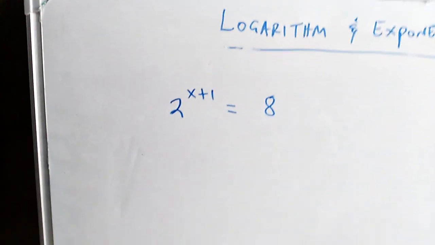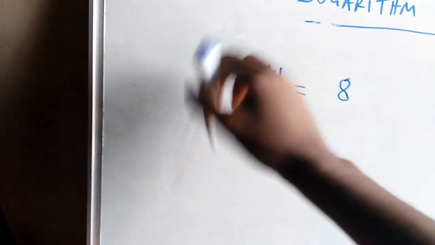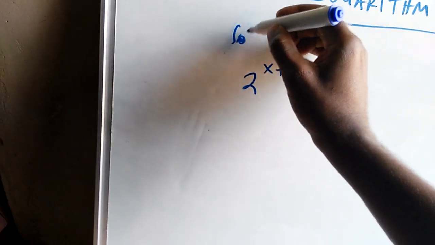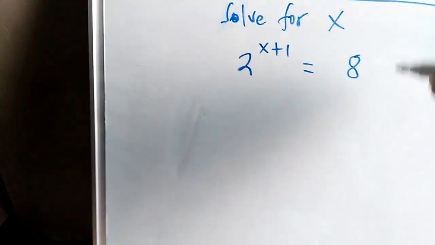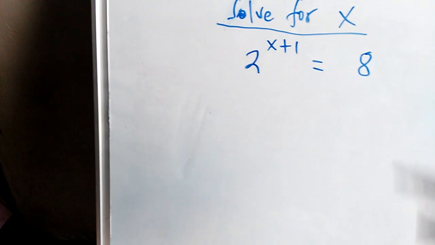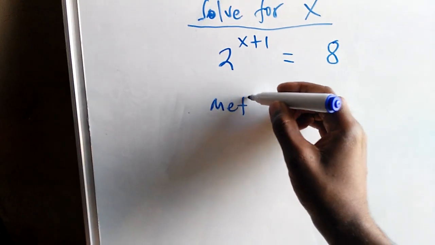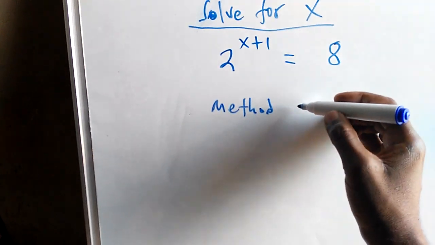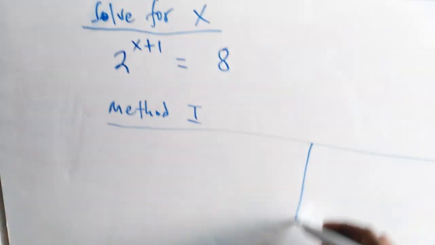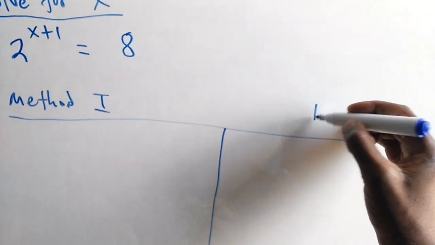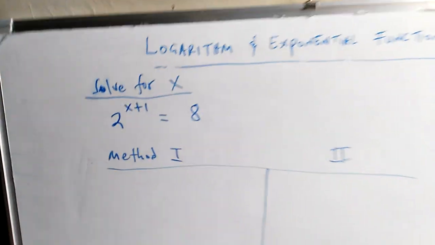We solve for x. Others would say, use the first method where you're just playing around with exponents. Others would say, use another method where you now introduce the logarithm. Method 1, method 2.